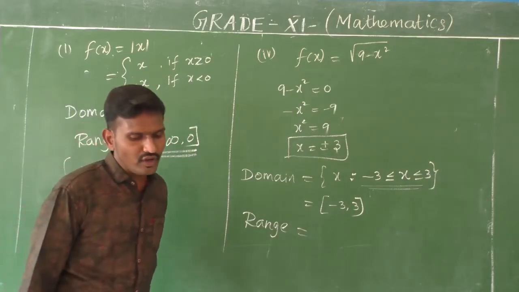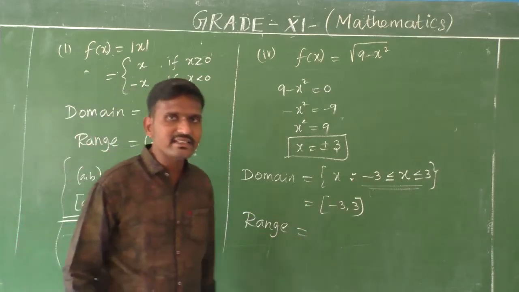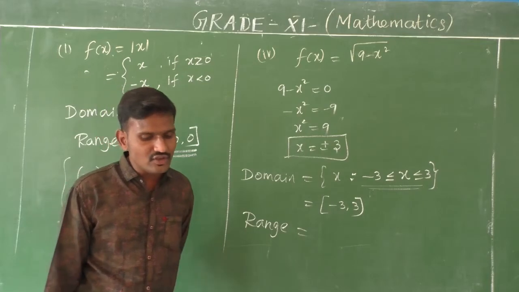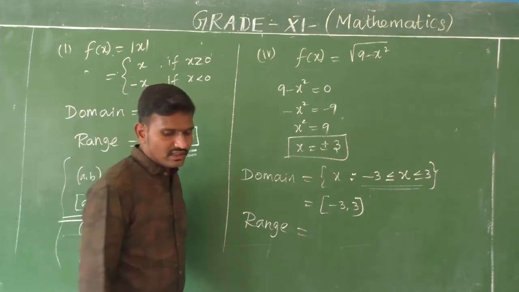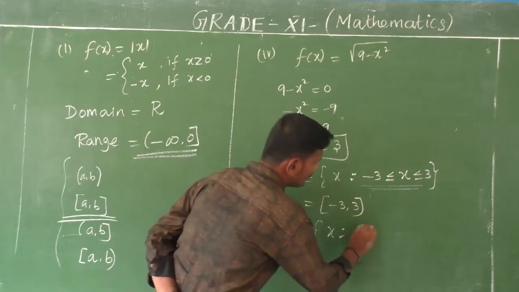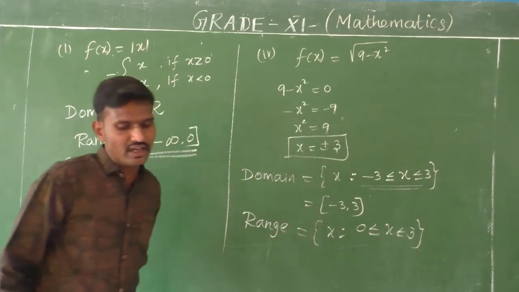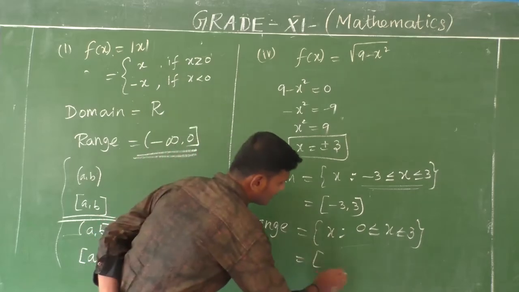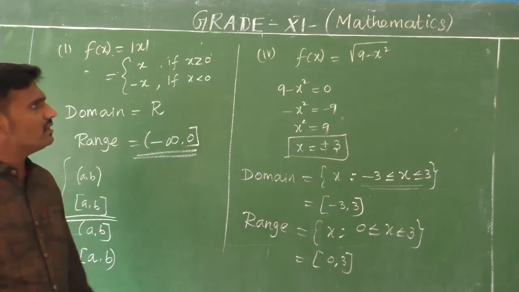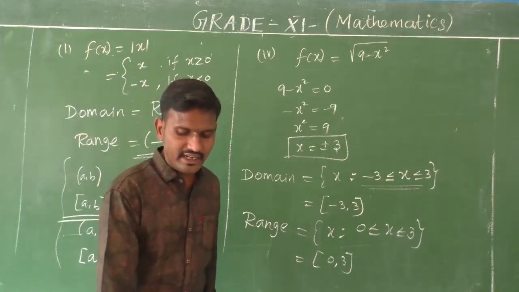So for any value of x in the same interval, minus 3 is less than or equal to x is less than or equal to 3, we get the range as 0 to 3. So this is your range. For that I am going to mention in interval form 0, 3. So this is your question number 2. Find the domain and range.